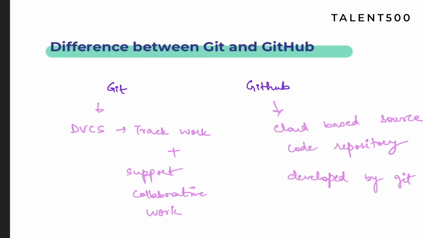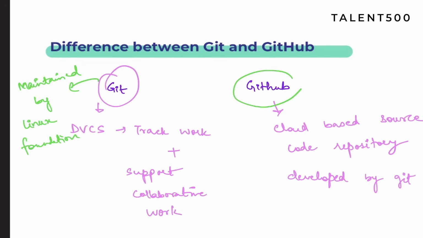Okay. Also, when you talk about Git, this one is actually maintained by the Linux Foundation. On the other side, when you talk about GitHub, GitHub was actually acquired by Microsoft.